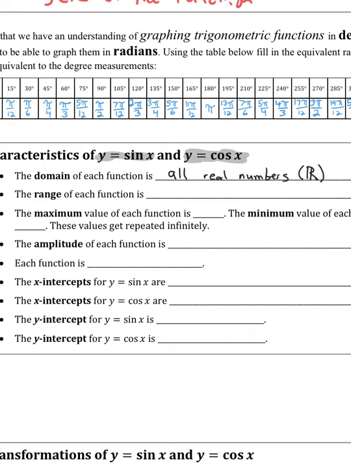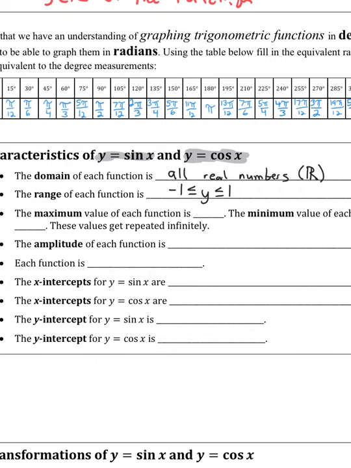And then the range of each function is going to be, in these parent functions, -1 is less than or equal to y is less than or equal to 1. That's the range of each function. Just saying that it's never going to go below -1 or above 1, for the parent functions at least. When we start dealing with transformations, we'll see that the range will change.